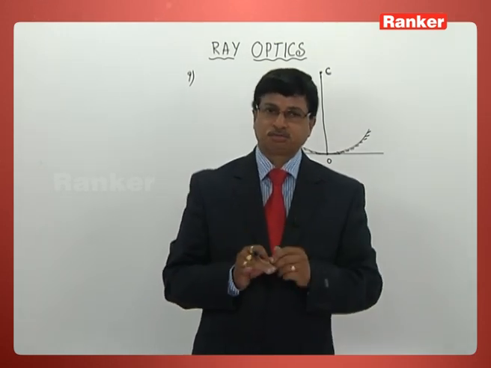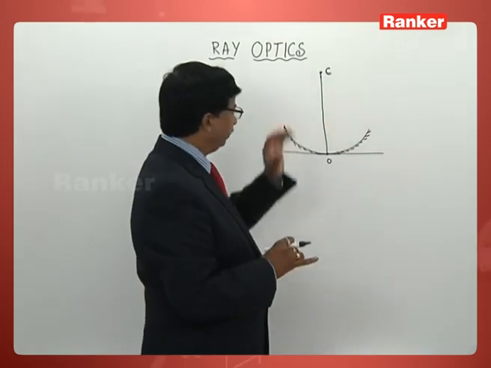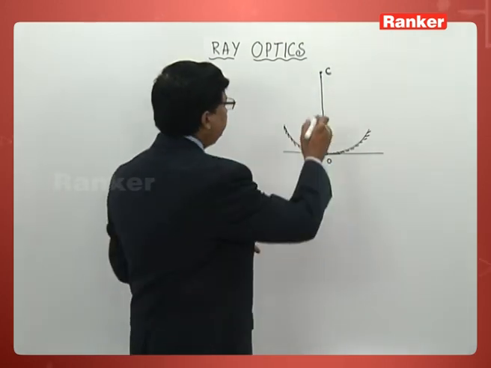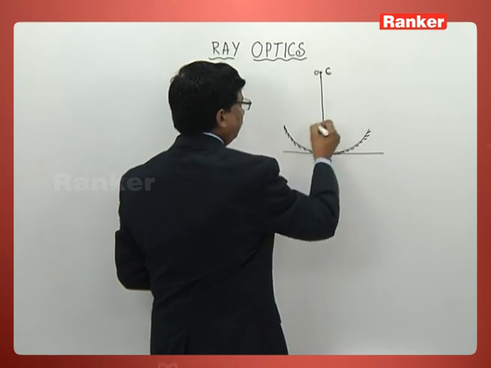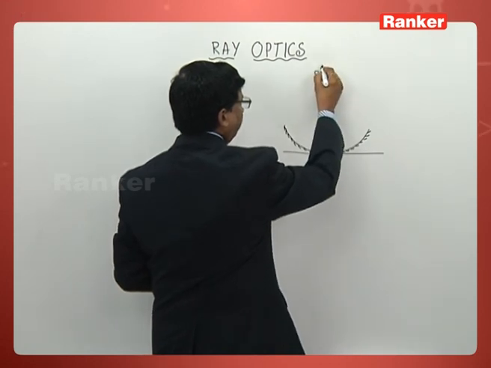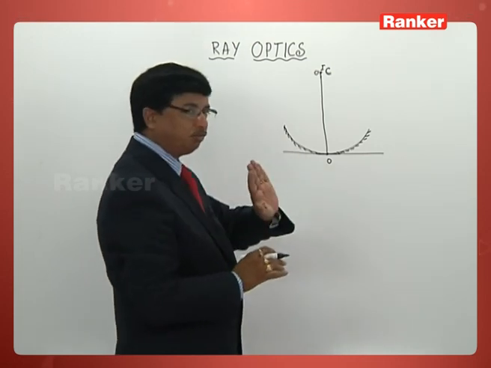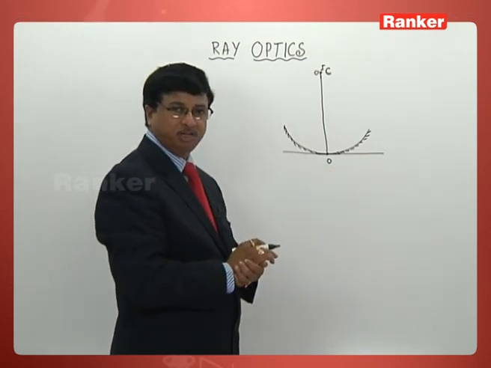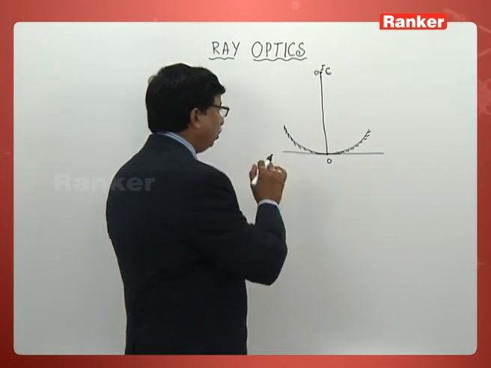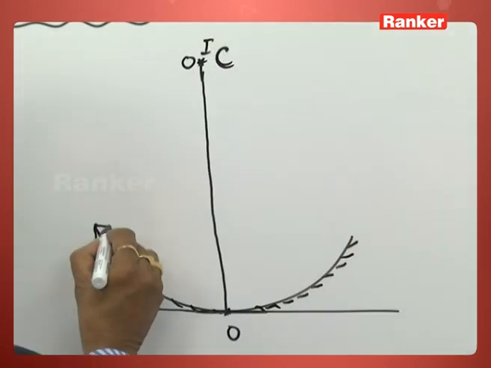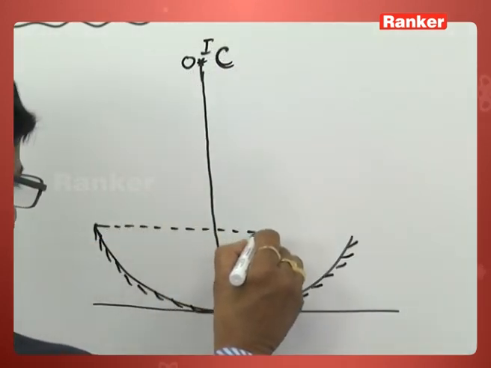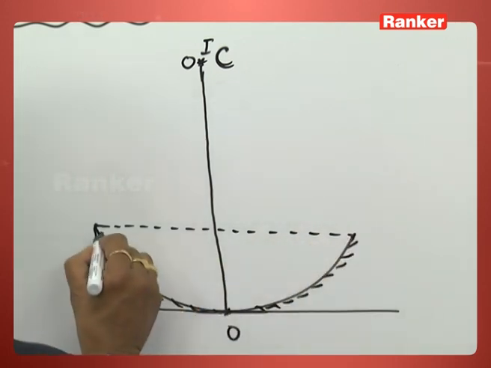First and foremost, if you look at this figure, when the object is placed at C, the image also will be formed at C only. Till that extent it is fine. But now what is he doing? He has just filled this mirror with water.